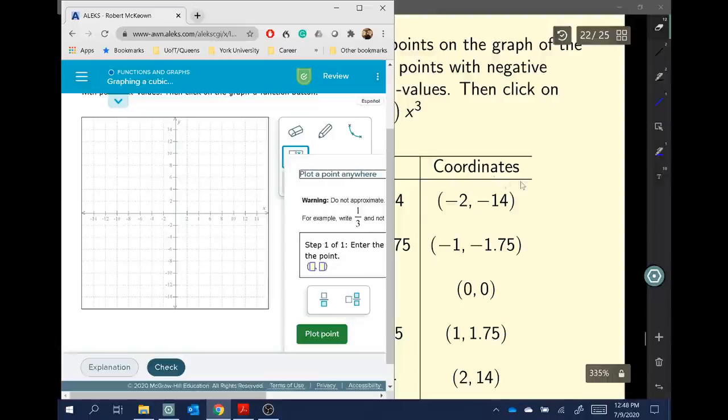And now I've got the coordinates over here to the right of the screen, so that's going to make it easy for me to input them in. So we've got negative 2, negative 14, and then I click plot point, negative 1, negative 1.75. Oops, there's a mistake. Make sure I move over 1.75, and I'm going to plot the point.